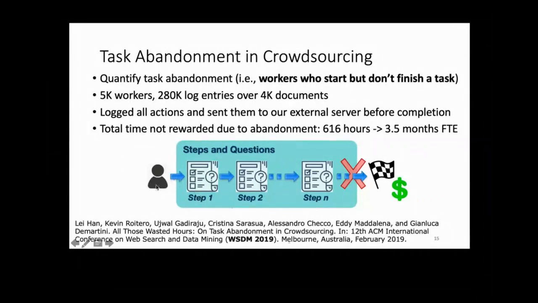What could happen is that a worker starts working on a task, and then at a certain point, before reaching the end of the task, they decide to stop, to drop the task, to abandon the task, as we say, and then go back and look for something else.